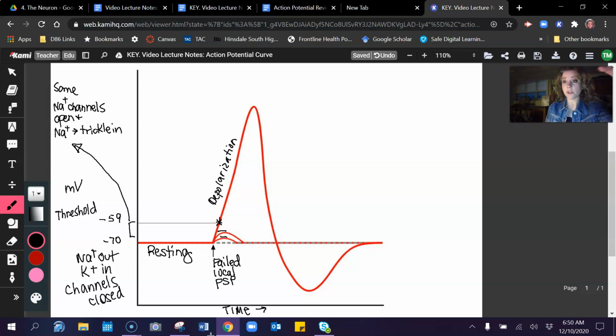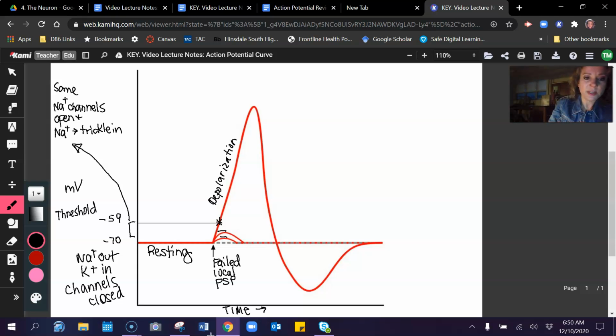We have positive charge on the outside of the cell, negative charge on the inside. With depolarization, we are closing the gap between the difference in charge from the inside and the outside. So we're depolarizing it. Just like that prefix D means like un or not, so we are not polarizing at this point.